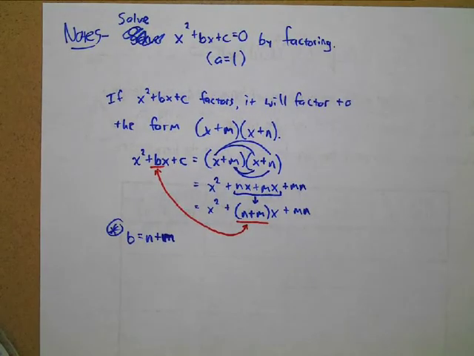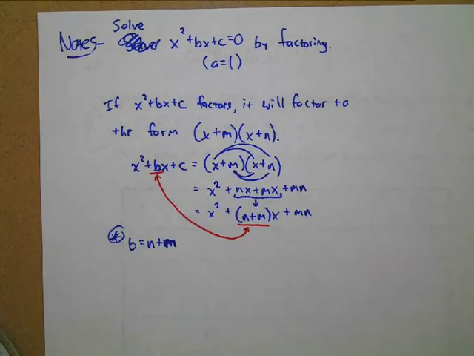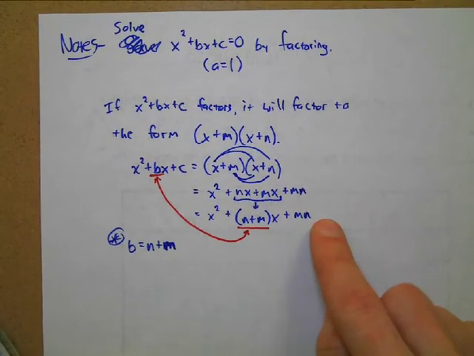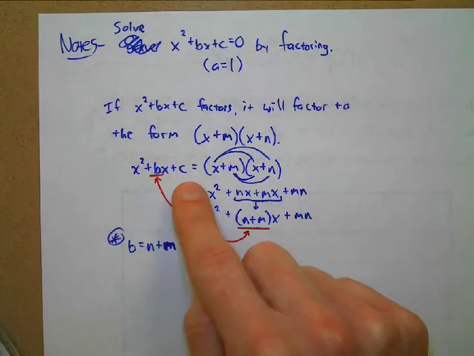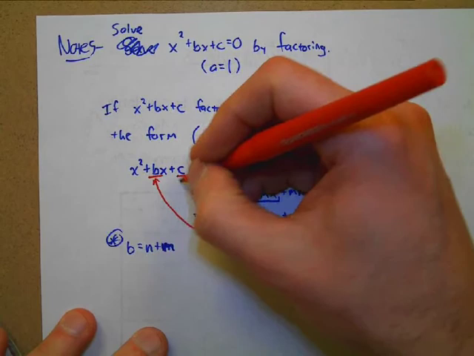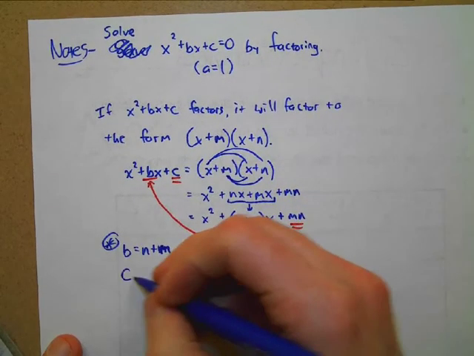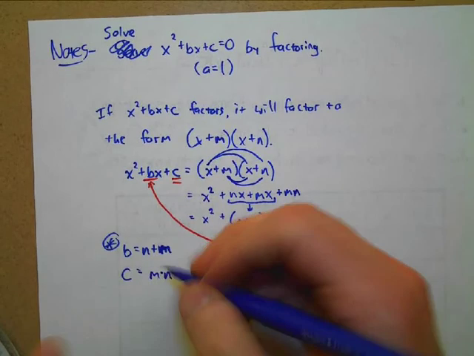What does mn correspond to from our original here? C. It's a constant. M times n is going to be a constant. There's no x with it. C is the only part of this that doesn't have an x with it, so it's also the constant. So then the c corresponds to the mn. So in other words, c is equal to m times n.